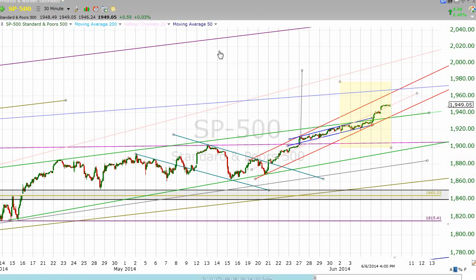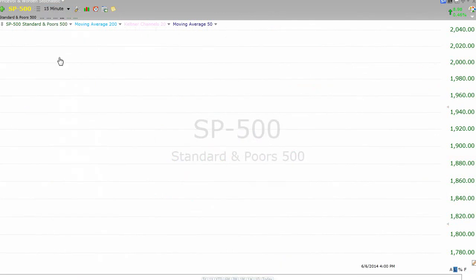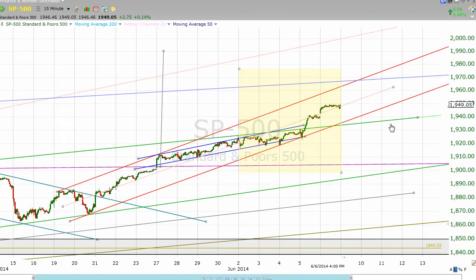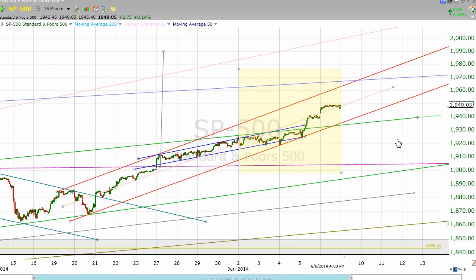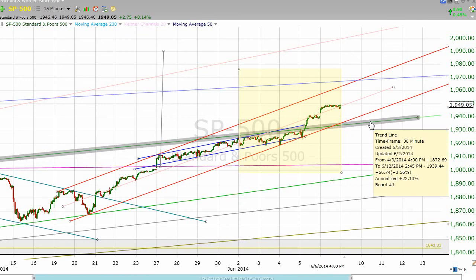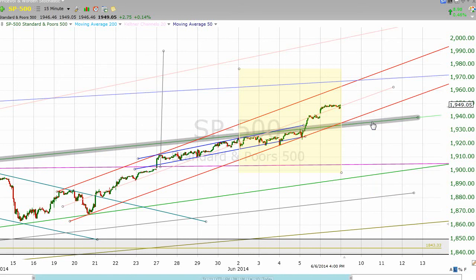So guys, I think it was a great week. Again, if there was a mistake that I made, it was let's watch this green line, thinking that would be a pretty good opportunity for some resistance to set in. That did not happen.